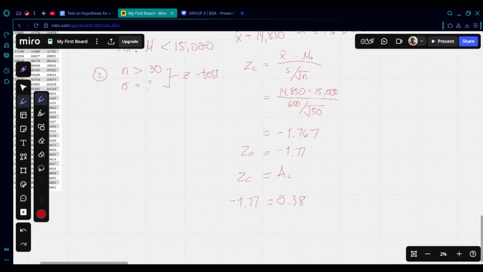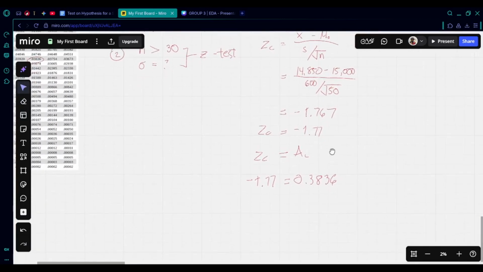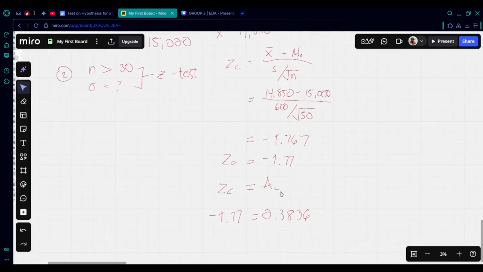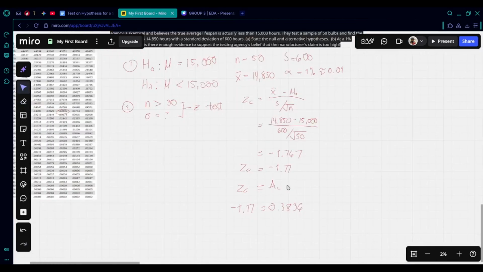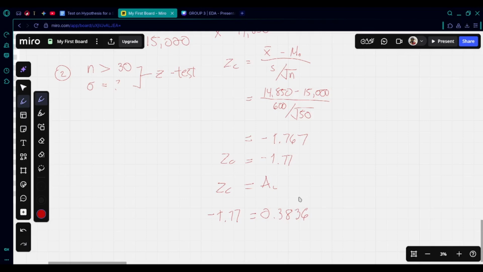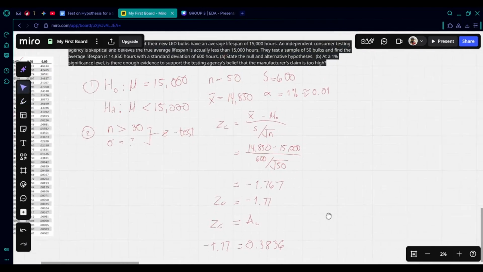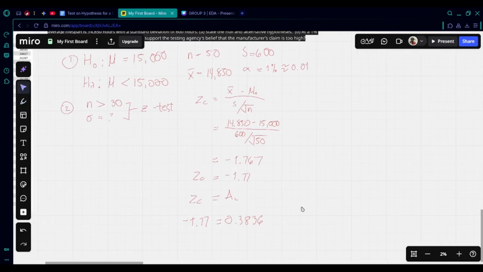Next, we have now computed our area value and the computed Z value. So this is the Z critical value. Next, we will now be computing the P value. So let us draw the graph first.